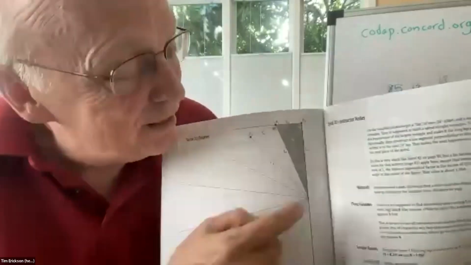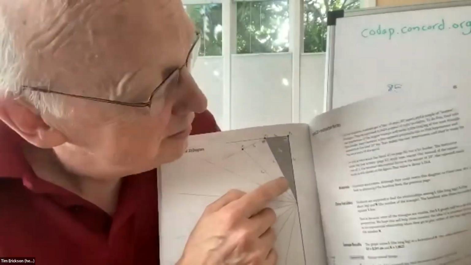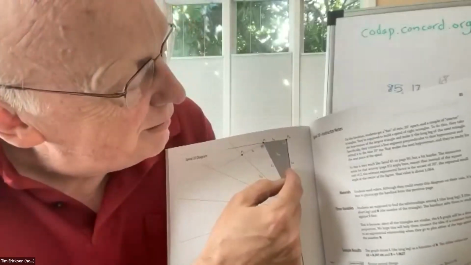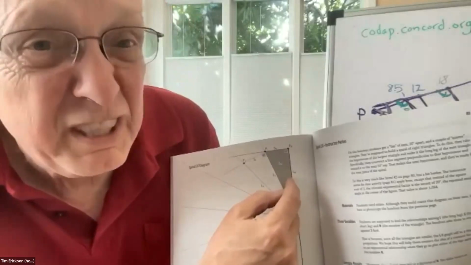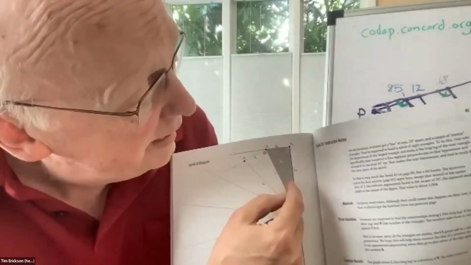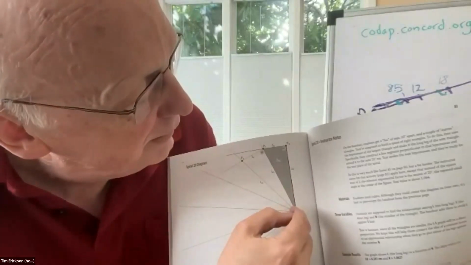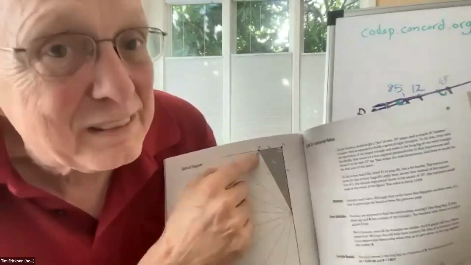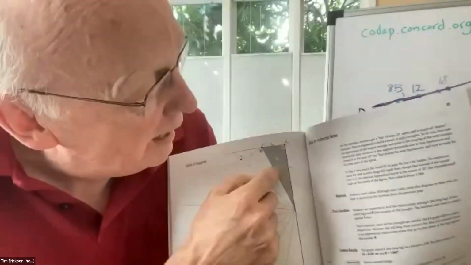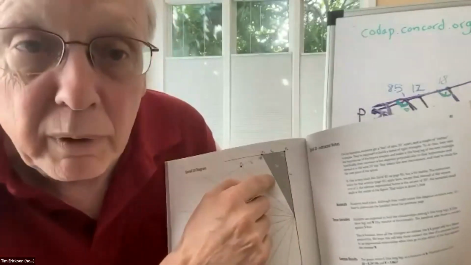The difference is that each of these triangles is built on the previous one. So the scale factor, which looks like it's 1.06 or 1.07, is the factor that relates this leg to this hypotenuse. When this hypotenuse becomes the next leg, when I take this to get to here, I multiply by 1.06.